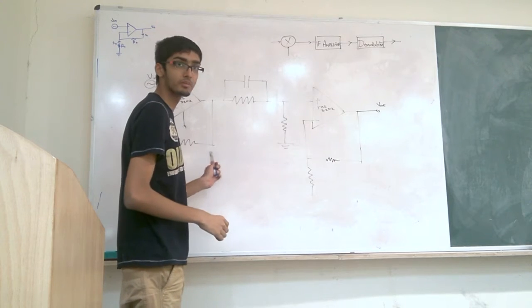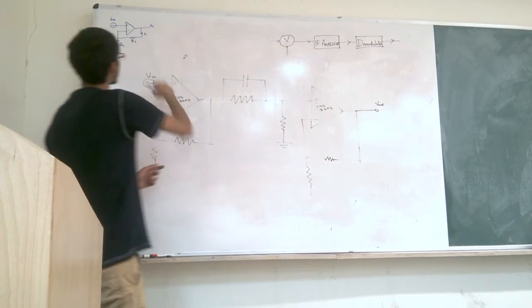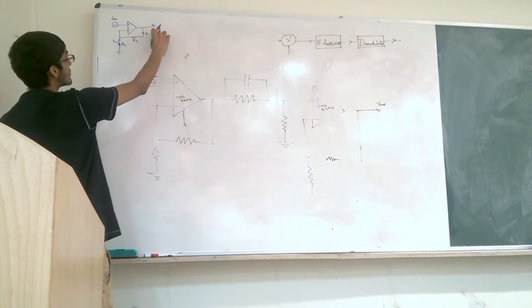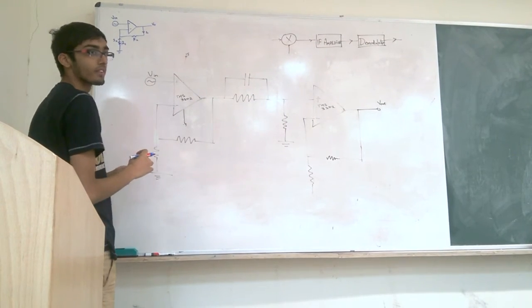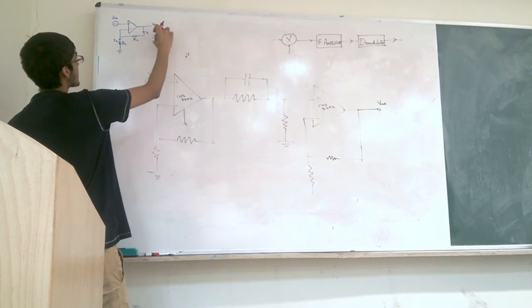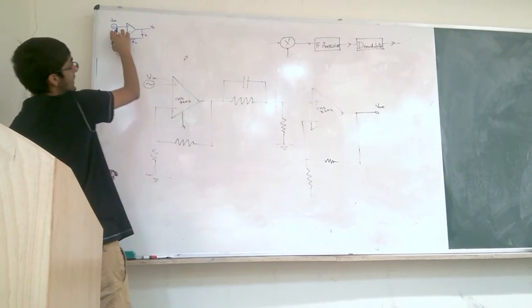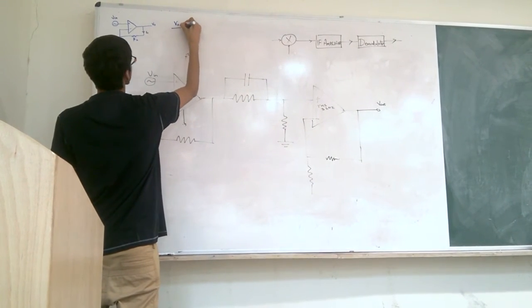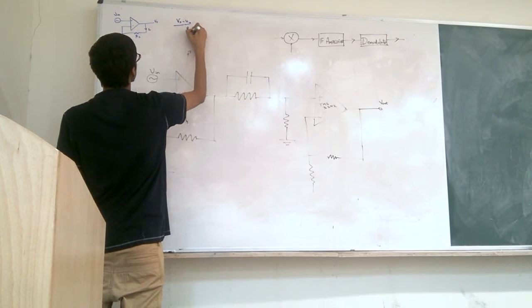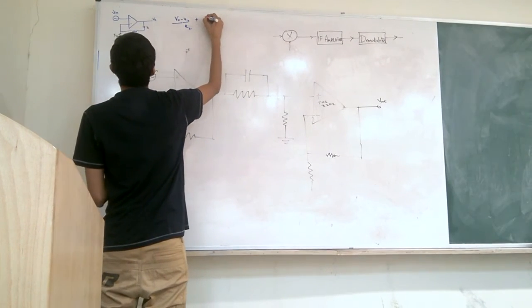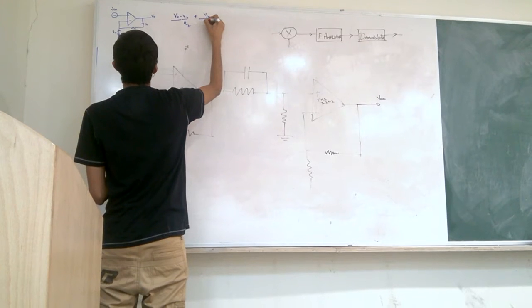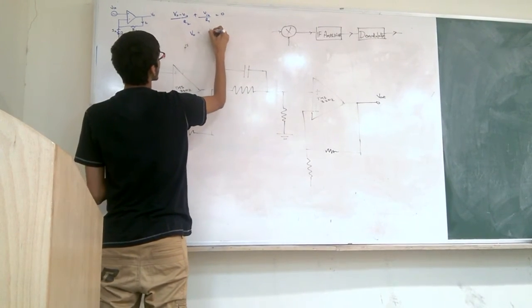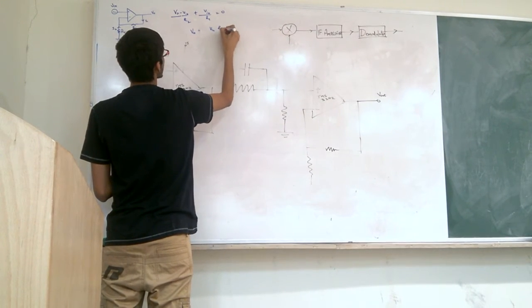Their amplification principle is the same as that of an operational amplifier, which I have drawn here, set up in the negative amplification mode, according to which, if R input is infinity, A is infinity, and R output is infinity, writing the KCL at this particular point, I will get (V0 minus Vn) by R2 plus Vn by R1 is equal to 0, which on simplification gives V0 is equal to negative Vn times R2 by R1.